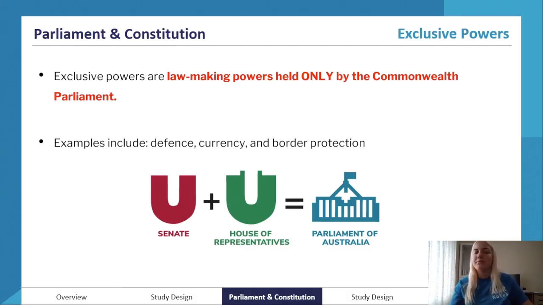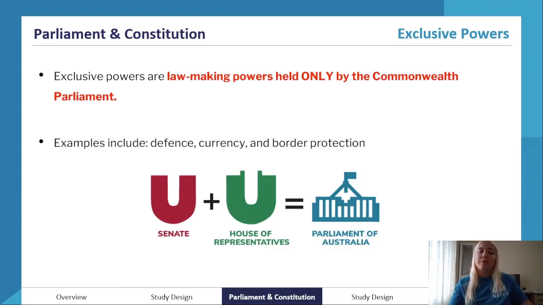So the examples are really easy to understand and come up with. If you have a look at these examples, they're clearly things that the states shouldn't be able to decide. So these include things like defense, military, the currency within Australia, border protection, import and export outside and into Australia with other countries, and signing treaties and declarations with other countries, things like that.